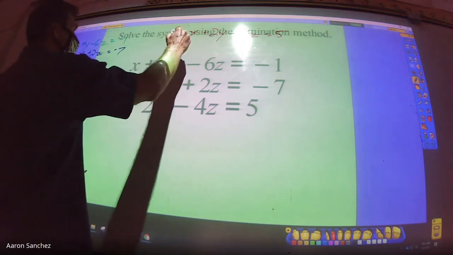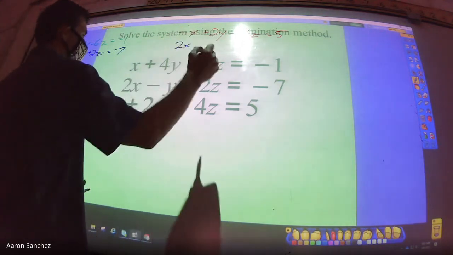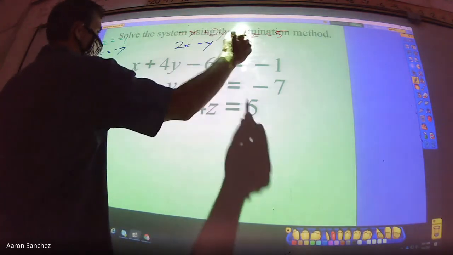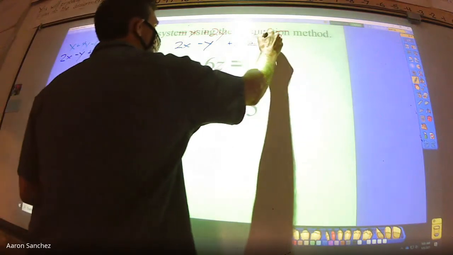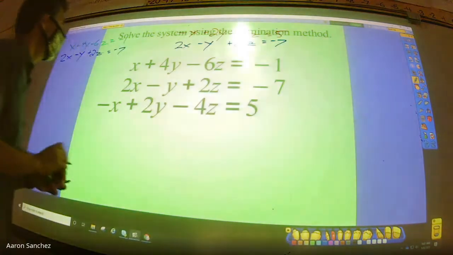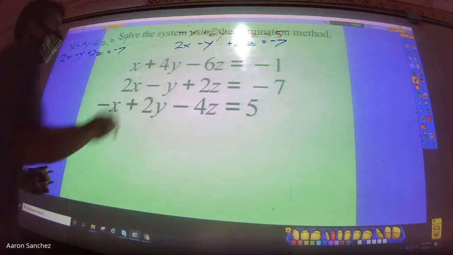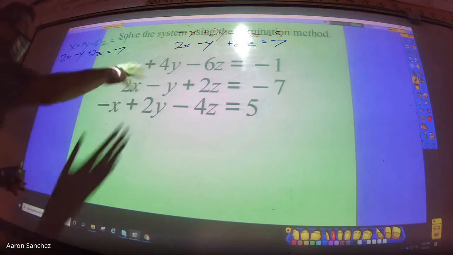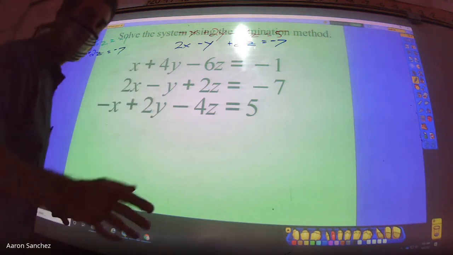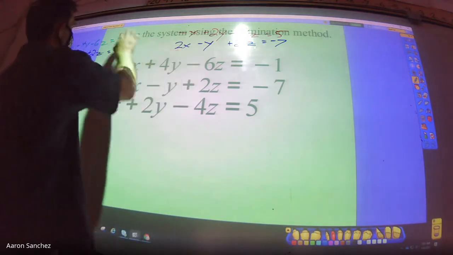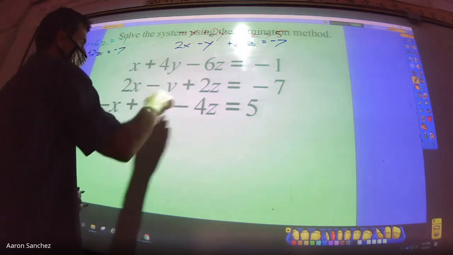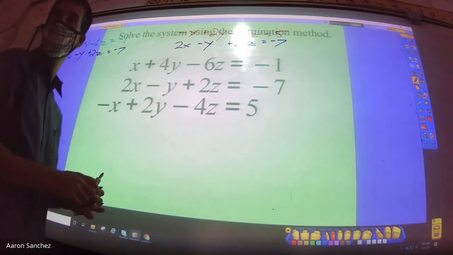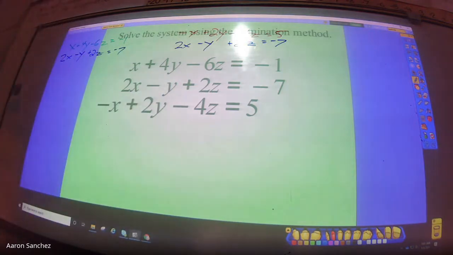So it'll be 2x minus y plus 2z equals negative 7. Okay, so notice I'm subtracting it from the blue. You guys have this all written down? So those of you online, I took this and subtract from that, and I subtract them both from this one because I'm going to eliminate the y's. I decided to eliminate the y's. Okay?